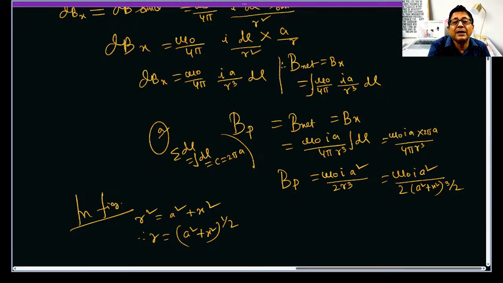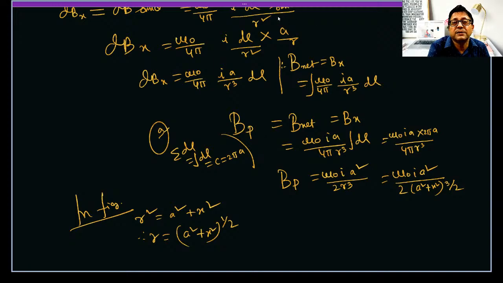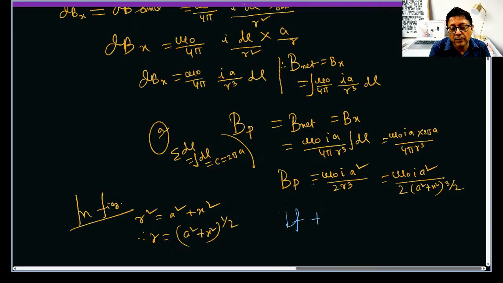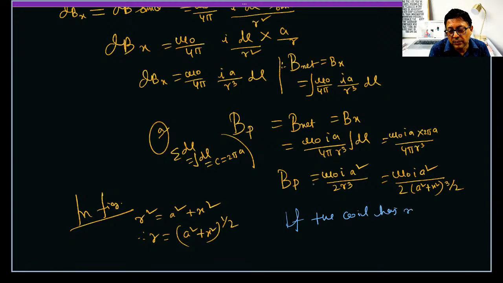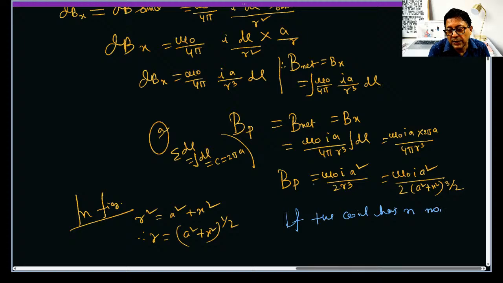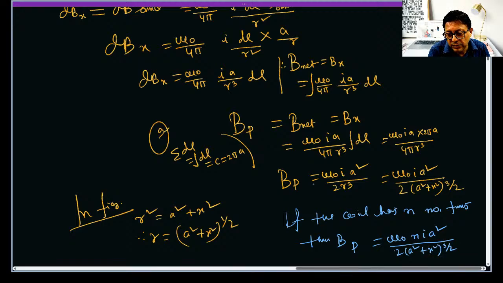If the coil has n number of turns, then magnetic field at P will be mu 0 N I square by 2 into A square plus X square to the power 3 by 2.